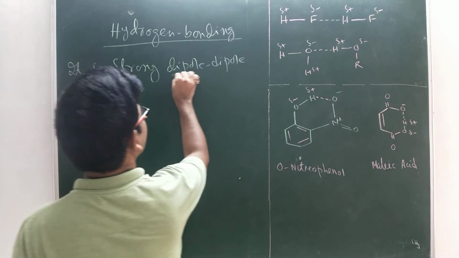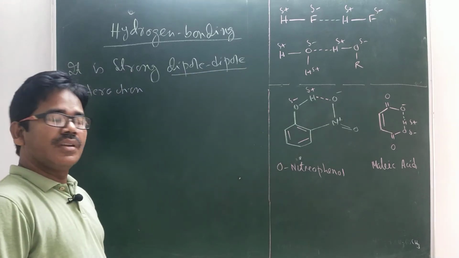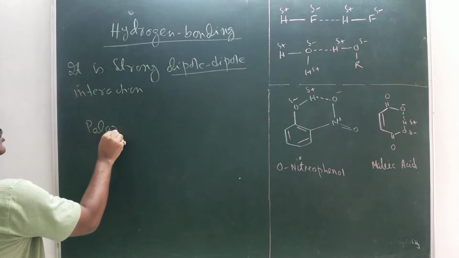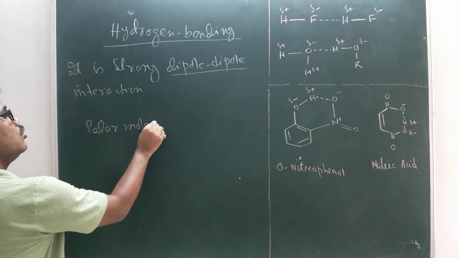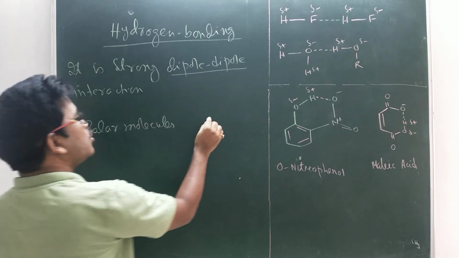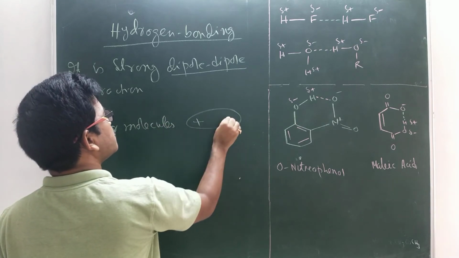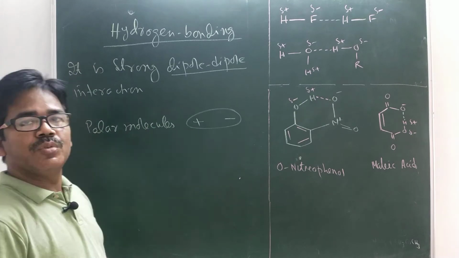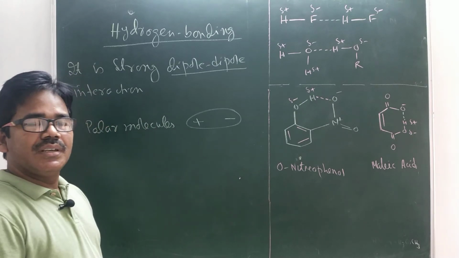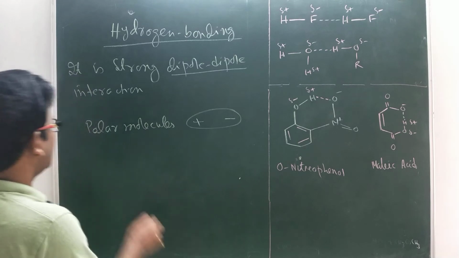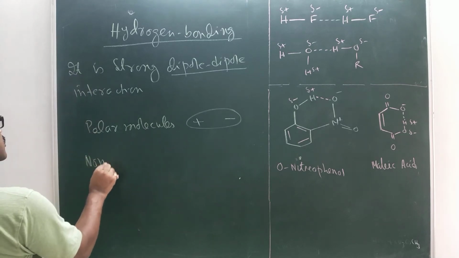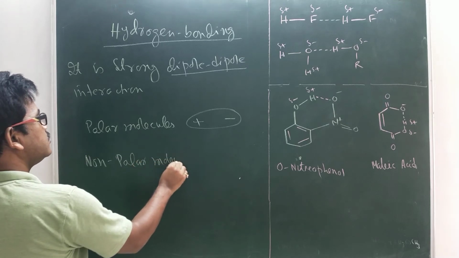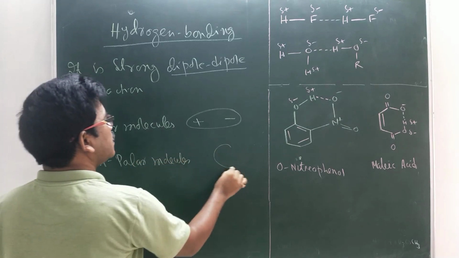What is dipole interaction? We know polar molecules have two opposite dipoles, one side plus, one side minus. All polar molecules have opposite dipoles, and non-polar molecules are symmetrical.